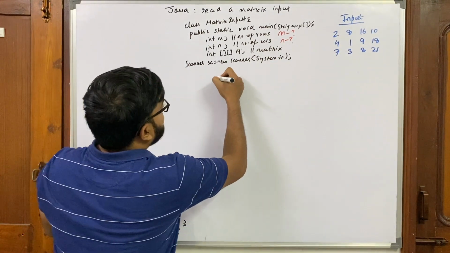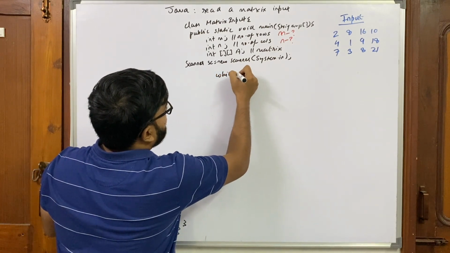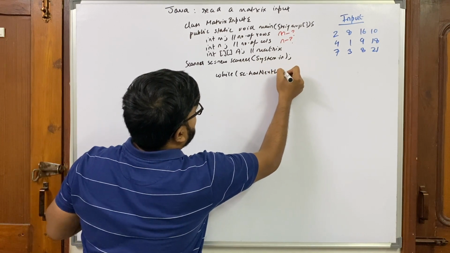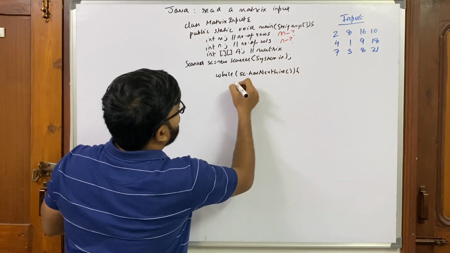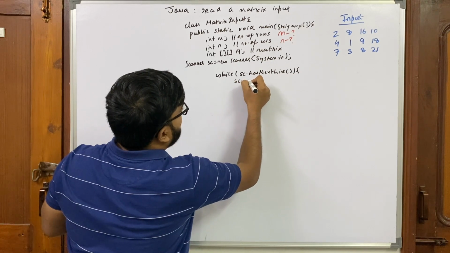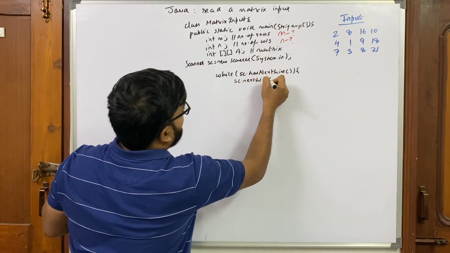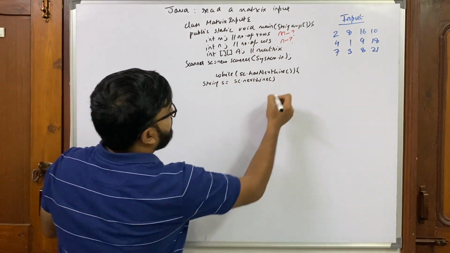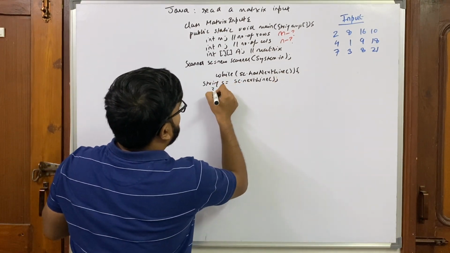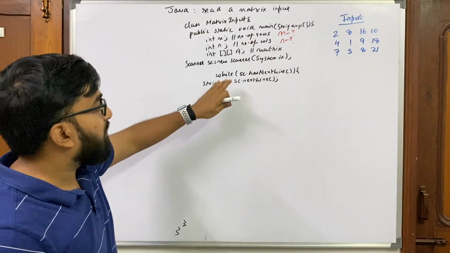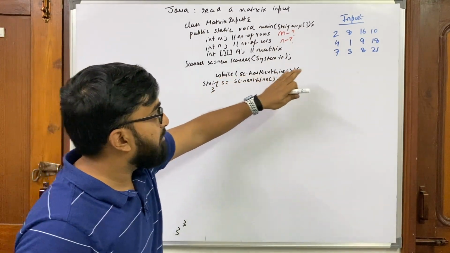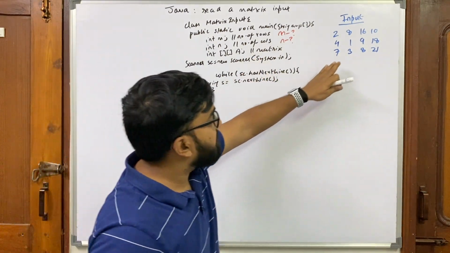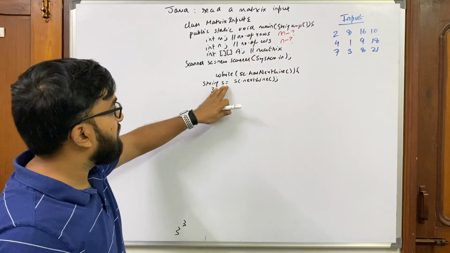Okay, so it will look something like this: while sc.hasNextLine, okay, I do sc.nextLine, okay, and store this in a string s, okay, and close the while loop. Okay, so what this loop is doing basically, as long as there is a line in input, okay, read a line. sc.hasNextLine returns true or false if there is a line of input left or not, and this will read a line.